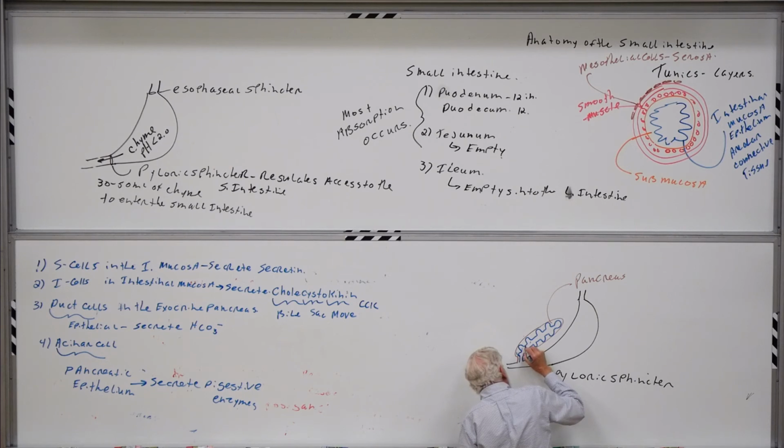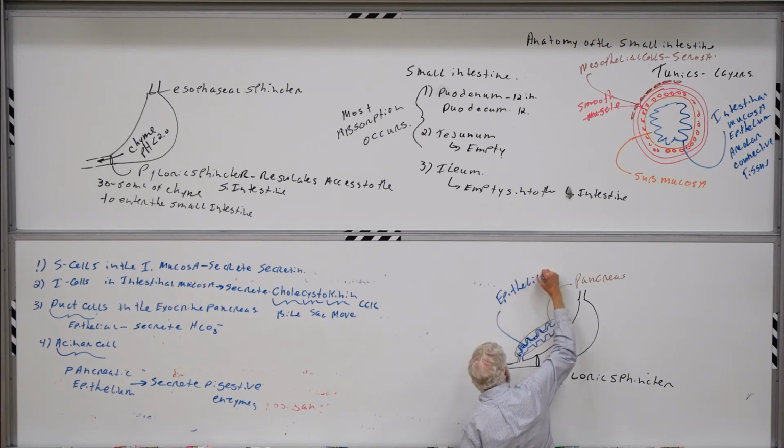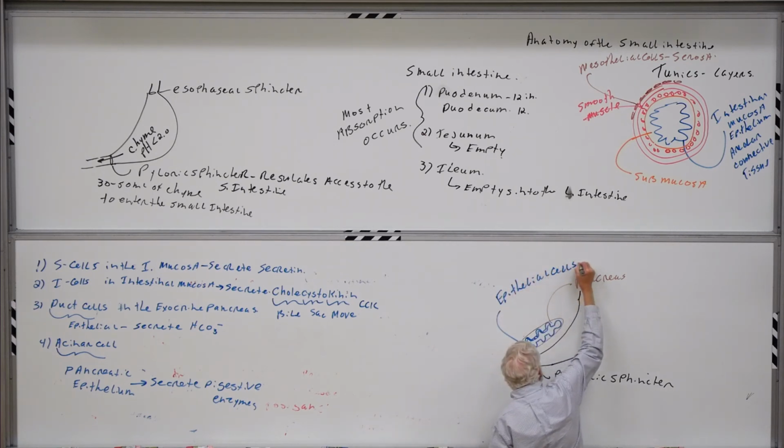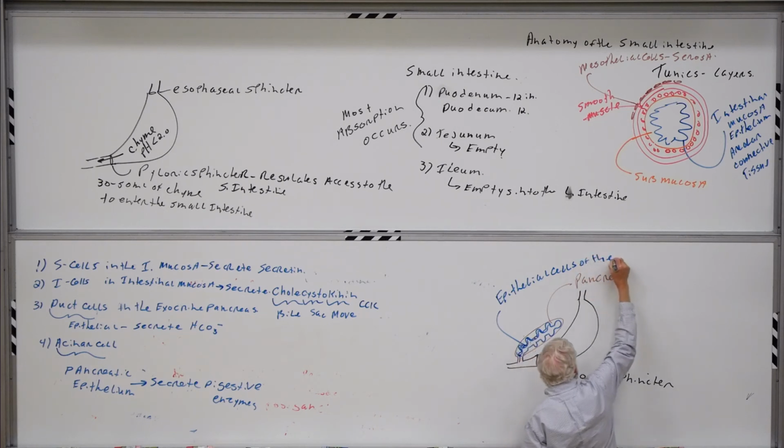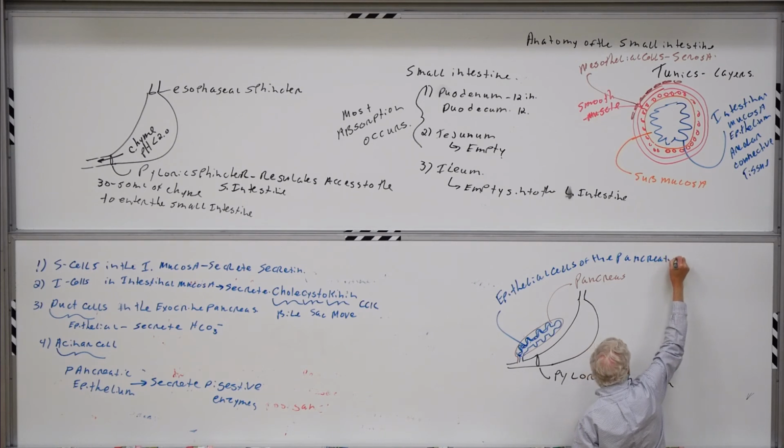Now, there's a continuous layer of epithelial cells, and I drew it too small, but if you can see that there's this continuous layer of epithelial cells. Some of them are the epithelial cells of the pancreatic duct.